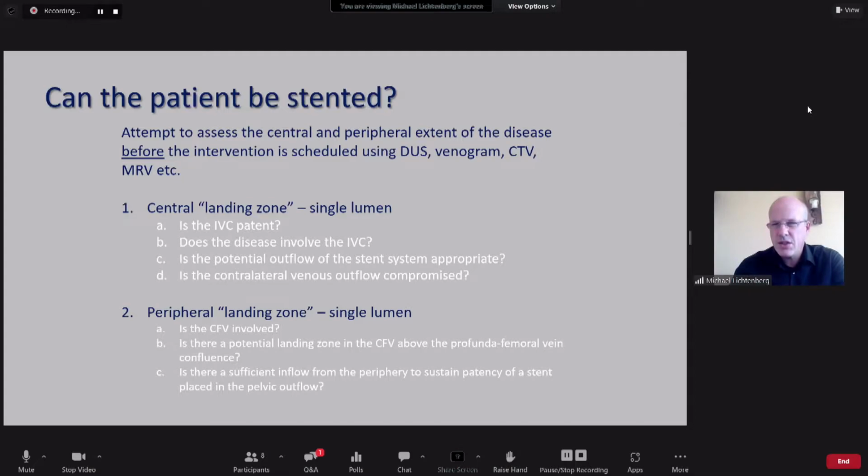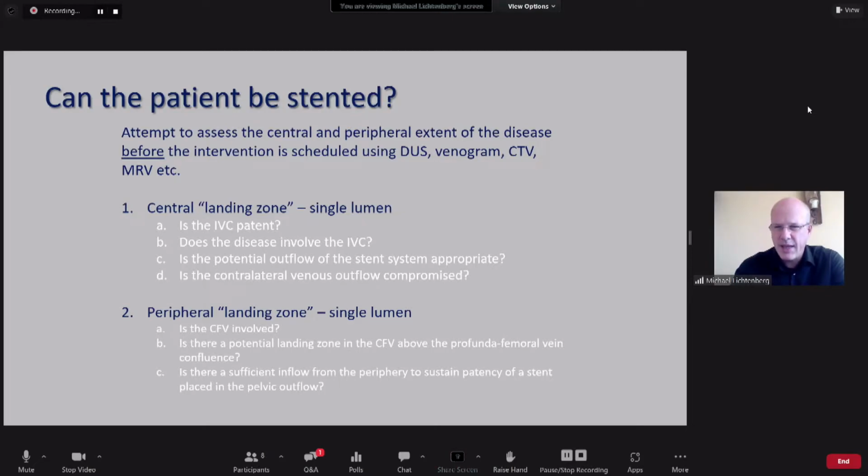These questions divide into much more complex questions. Is the central landing zone sufficient? Is the IVC patent, so do we have good outflow? Does the disease involve the IVC? Then we definitely need to consider a totally different endovascular approach than just treating a May-Thurner or an external iliac vein or common femoral vein.